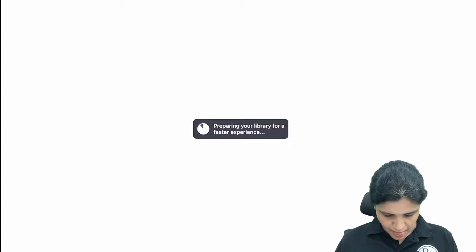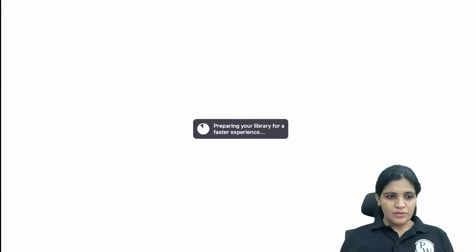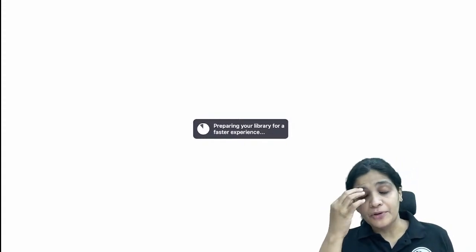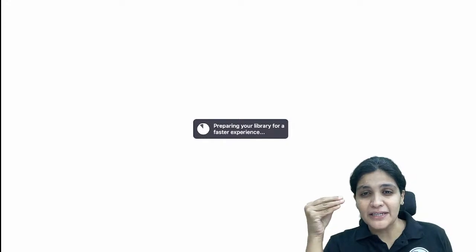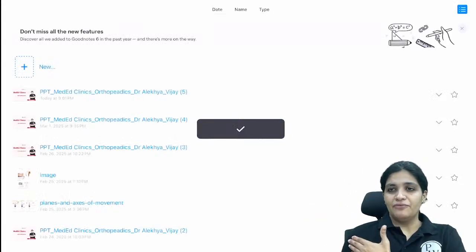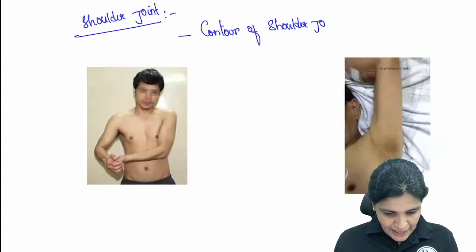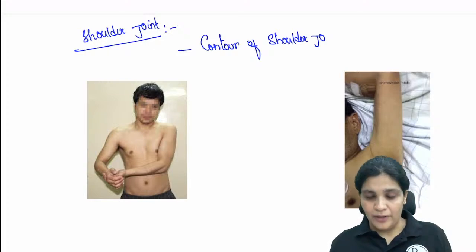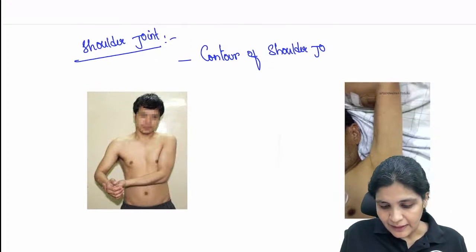The first one would be the greater tuberosity, the protuberance or protrusion of the greater tuberosity, a little bit in front compared to your acromion, right? Compared to the acromion, you can feel that the greater tuberosity is present. And the second one is because of the deltoid.